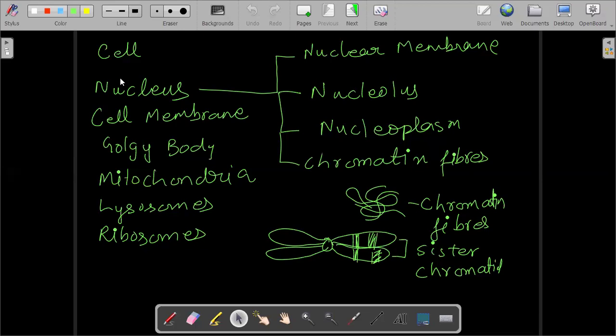Okay, so I'm back again. Let's continue with lysosomes and ribosomes. Then we have endoplasmic reticulum also. See how the lysosomes and ribosomes work.